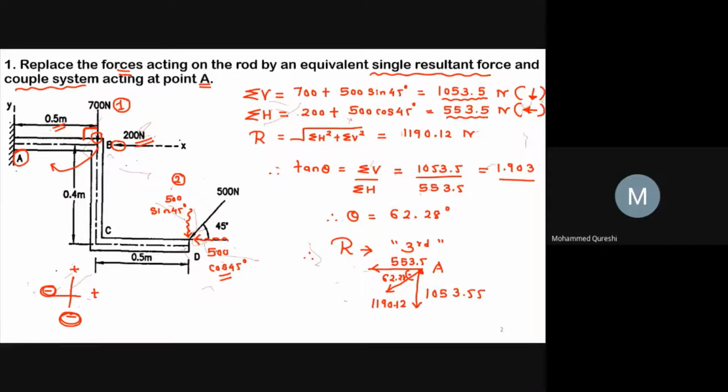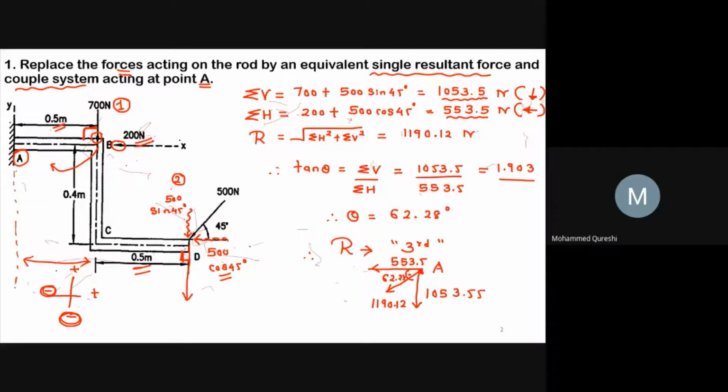Then the second force is 500 sin 45. This force, 500 sin 45, makes a perpendicular distance with respect to point A of 0.5 meter plus this distance, which is 0.5, so it will be 1.